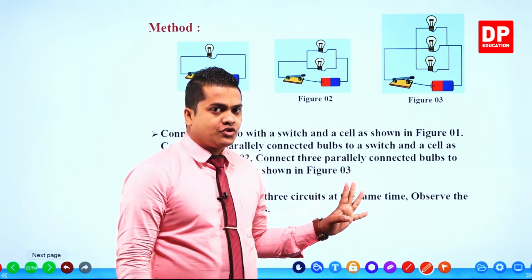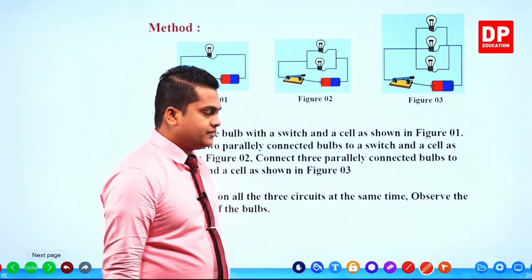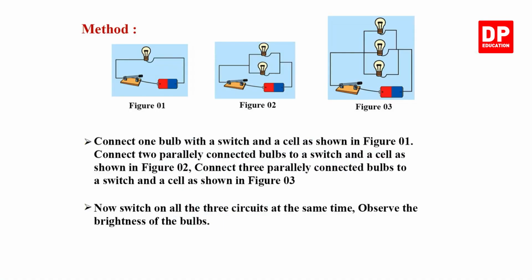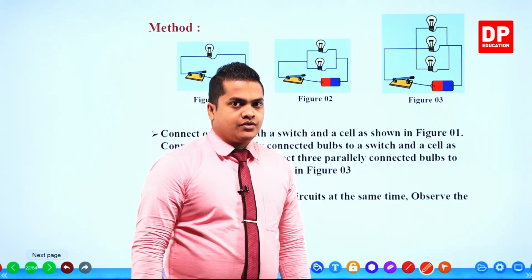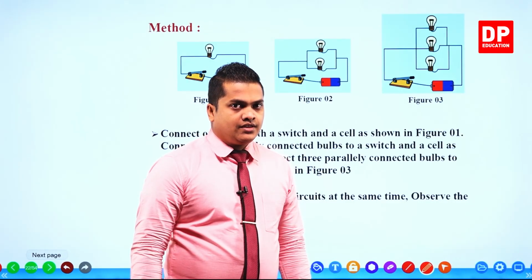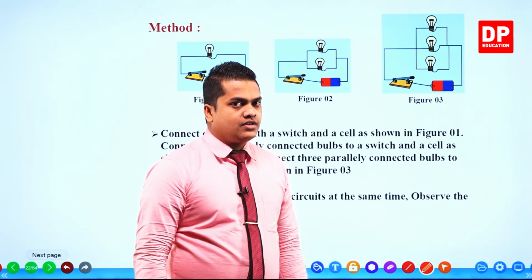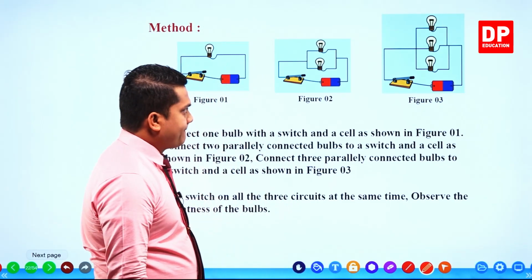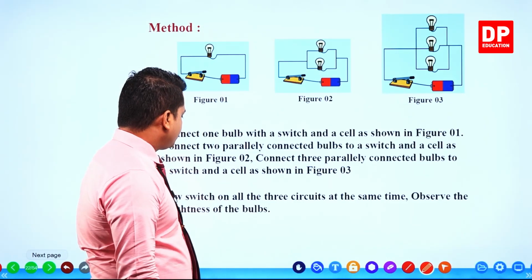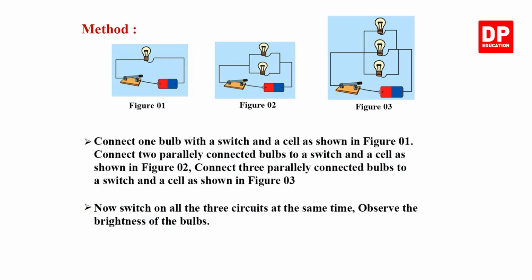Remember, the two bulbs should be in a parallel connection. Then connect three parallelly connected bulbs to a switch and a cell as per figure 3. So as per figure 3, three bulbs, just one cell with a switch. Now switch on all three circuits at the same time.